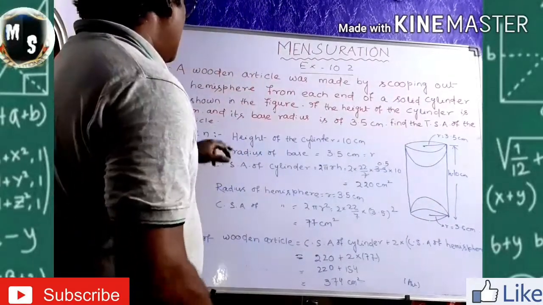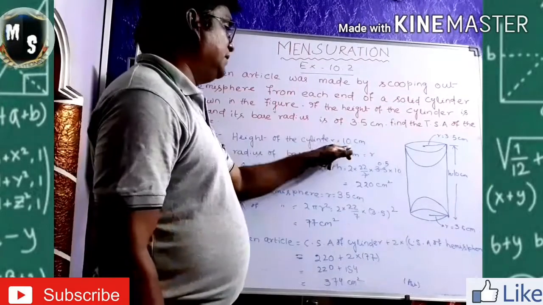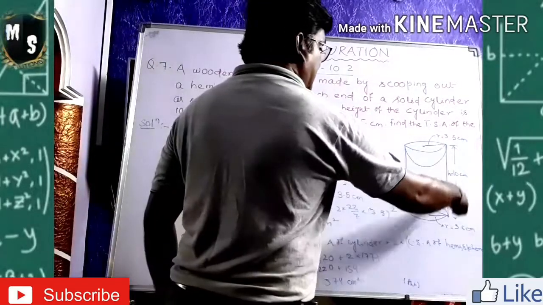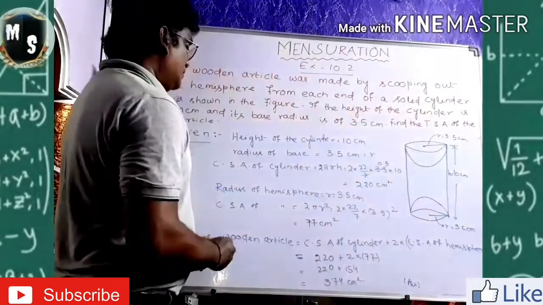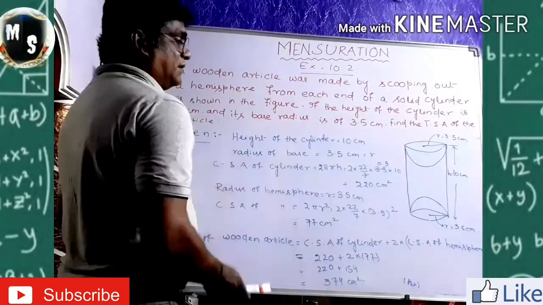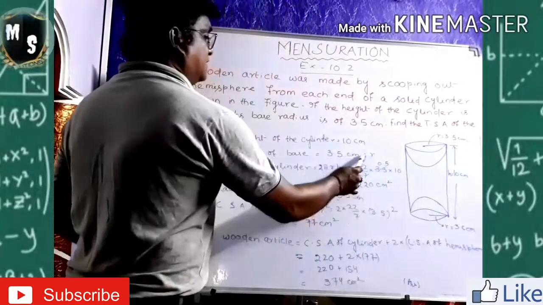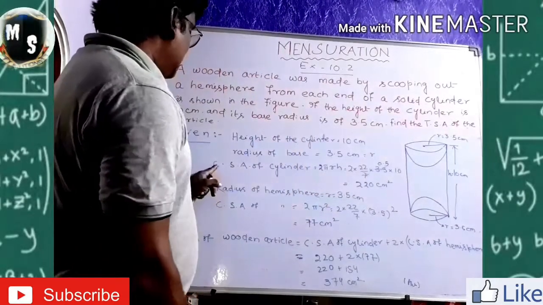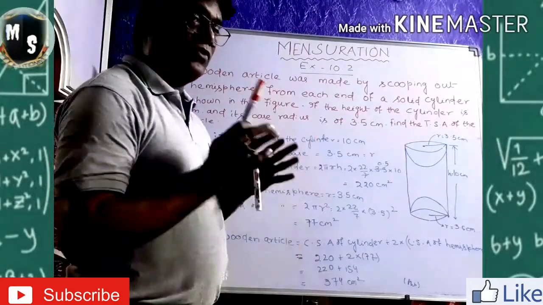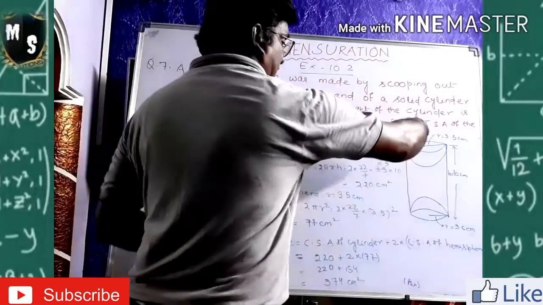See, the height of the cylinder is 10 centimeters. This is already written here, 10 centimeter. Then the radius of the base. What is the radius of the base? 3.5. This is given to you, 3.5 centimeter. Then the CSA of the cylinder. Now we have to find out the curved surface area of the cylinder.